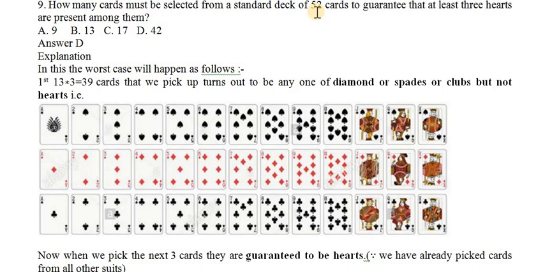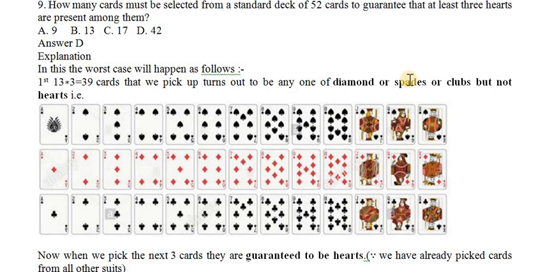Actually, you will have 54 cards, among which 2 will be joker cards. Now the 52 cards are 13 into 4 different kinds, right? Those are diamond, spade, club and hearts. Okay, so now we want to ensure at least 3 hearts when choosing a number of cards.